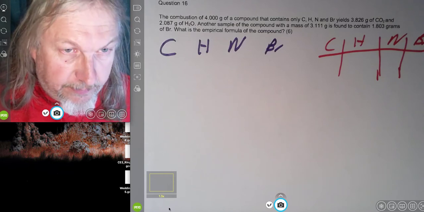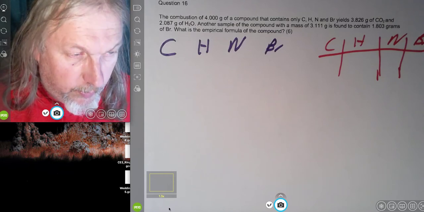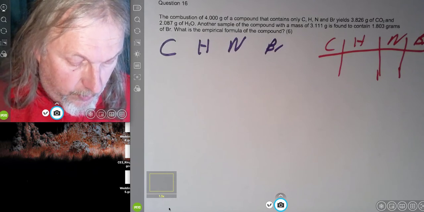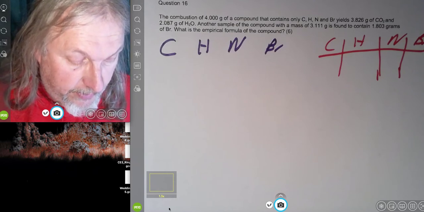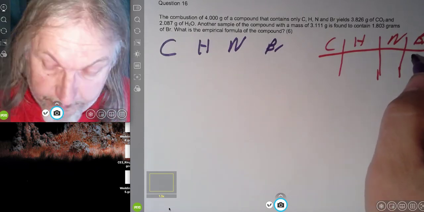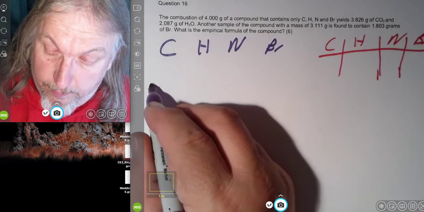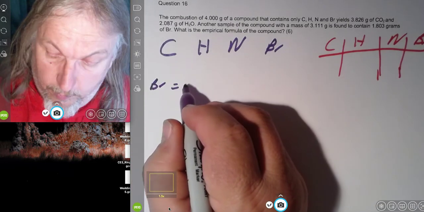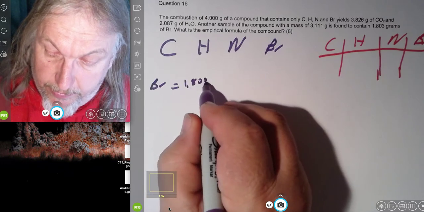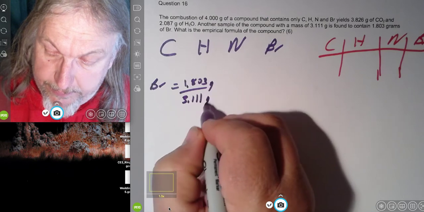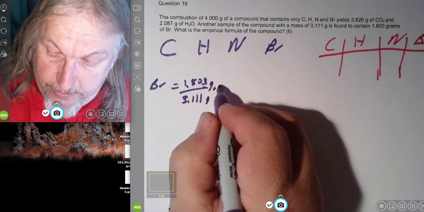That's going to give me the percent of bromine: 1.803 divided by 3.111 grams, times 100.